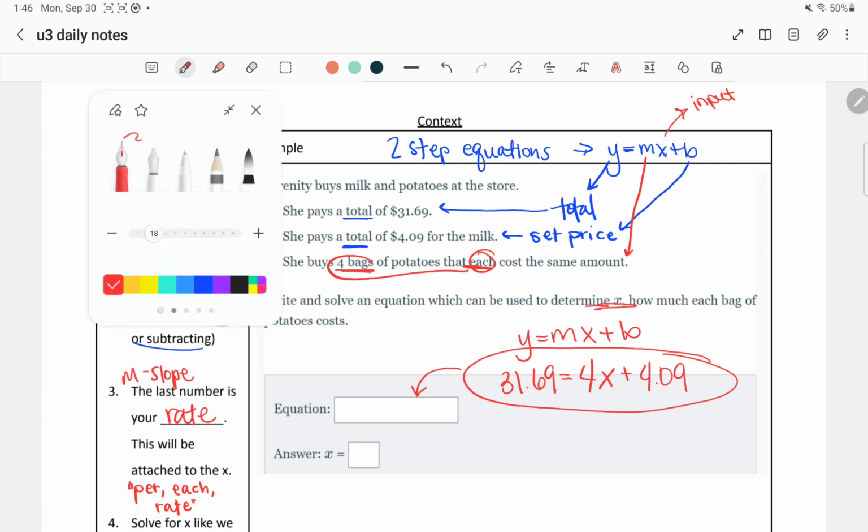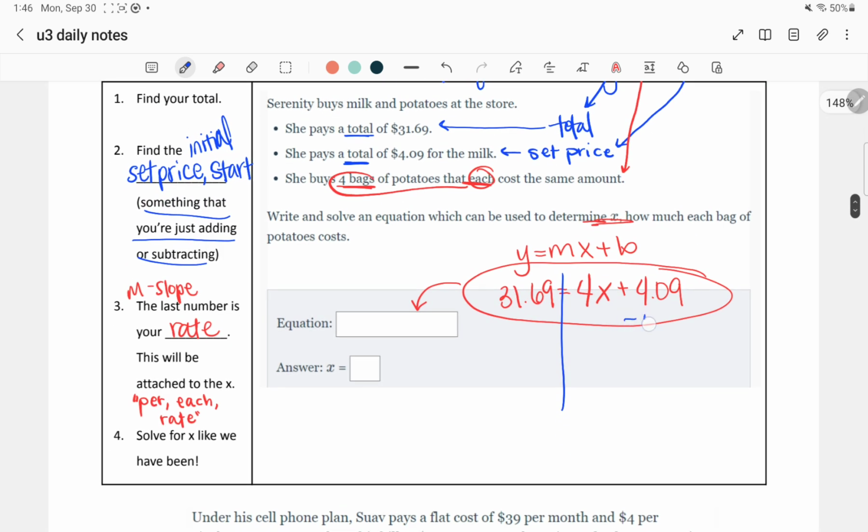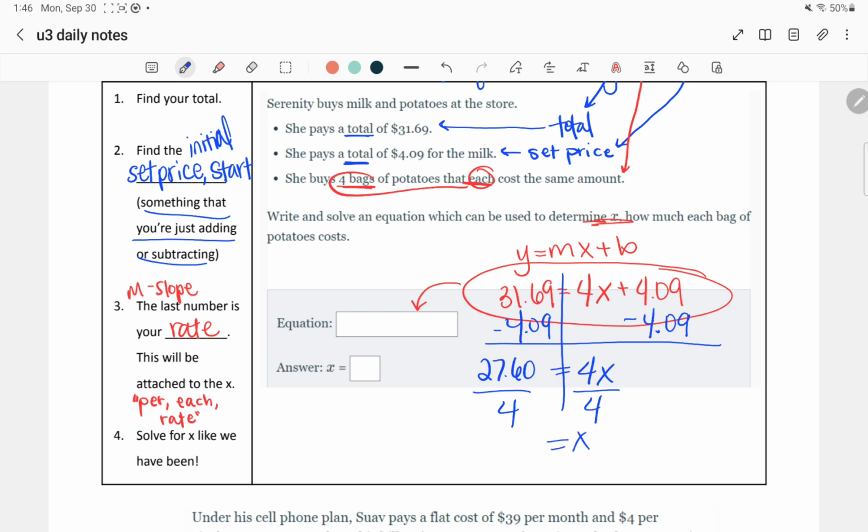Afterwards, you need to solve for x. So I'm going to subtract my constant term. And I'm going to get 27.60 equals 4x. Divide by 4 on both sides. x is going to equal 6.75.